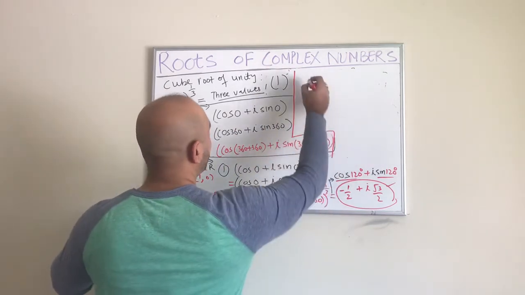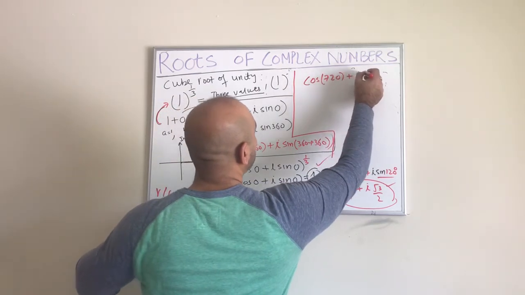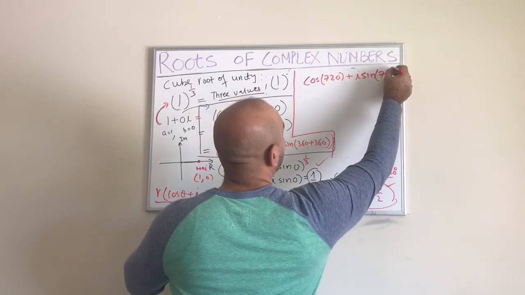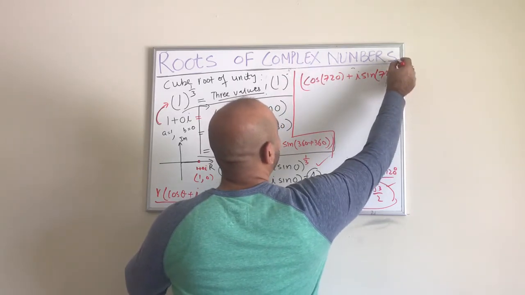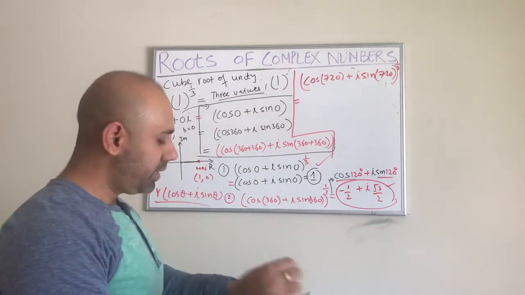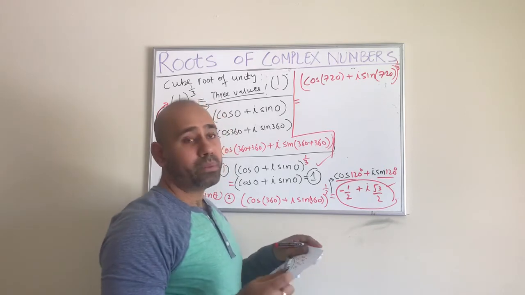So it is cosine of 720 plus i times sine of 720, and we raise it to the power 1/3. Raising it to the power 1/3, we're again going to use de Moivre's theorem, which tells me that I just have to multiply the exponent with the angle.